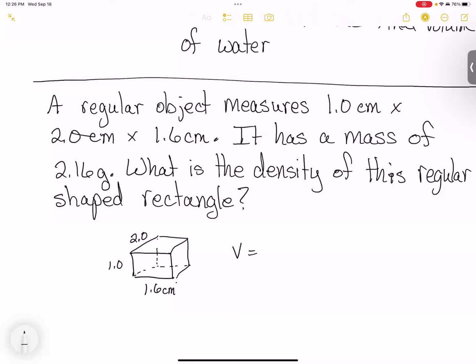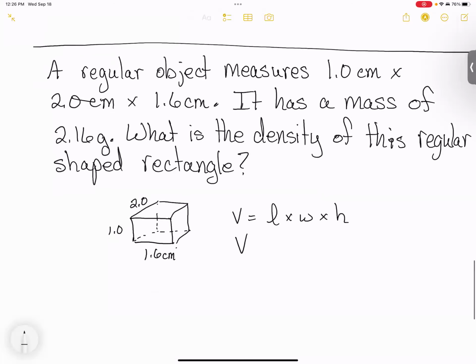In this case, volume is going to equal the length times the width times the height. So the volume is equal to 1.0 centimeters times 2.0 centimeters times 1.6 centimeters. Or in other words, the volume is 3.2 centimeters cubed. It is centimeters cubed because a centimeter times a centimeter times a centimeter is a centimeter cubed.